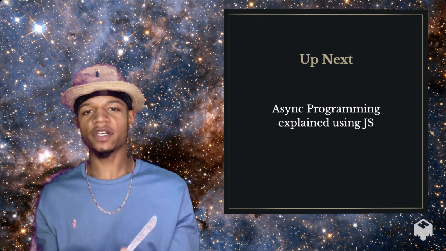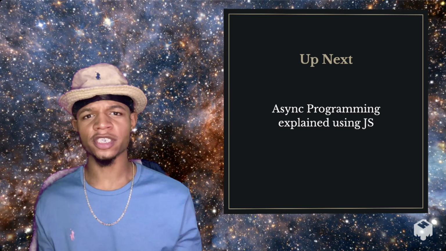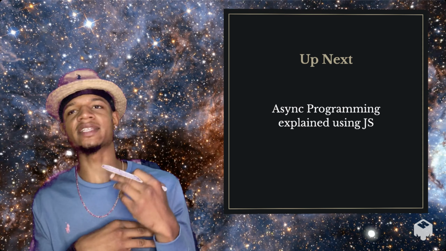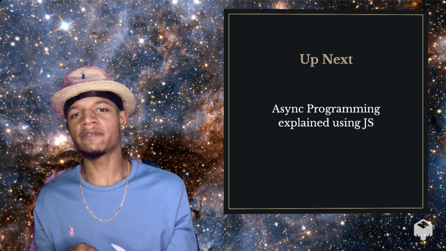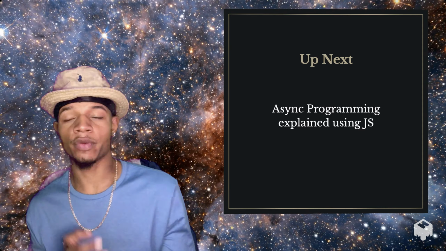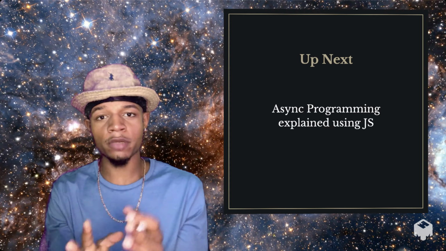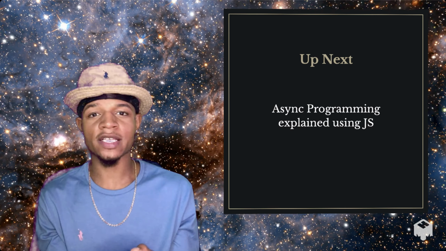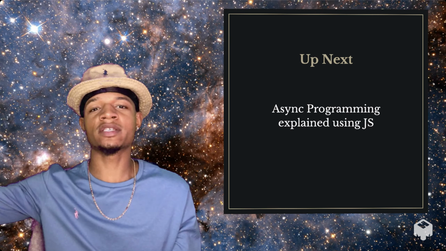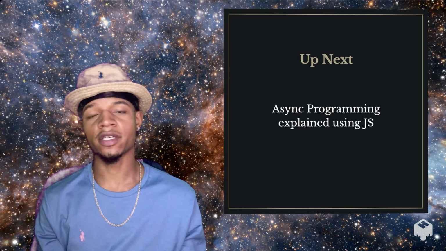Some functions run faster than other functions because they're doing simpler things. Some functions just simply add 1 and 1 together, but then you have functions that request data from a server across the world. Adding 1 plus 1 is way faster than requesting a server across the world to get some data back, or to give it some data.